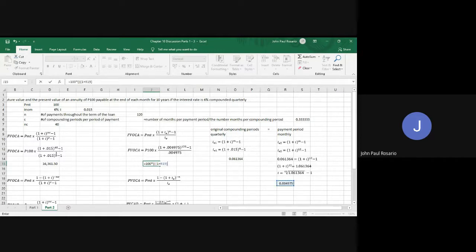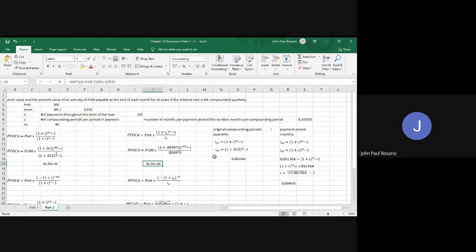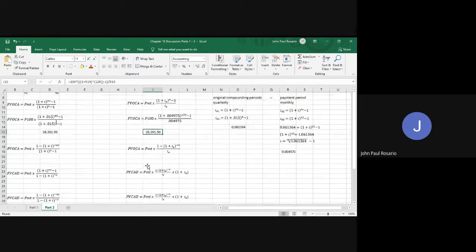So we raised that to the power of 120, and then we deduct 1, and then we divide this by this one again. As you can see, guys, they still arrived at the same answer. Okay, so let's move on to the present value.